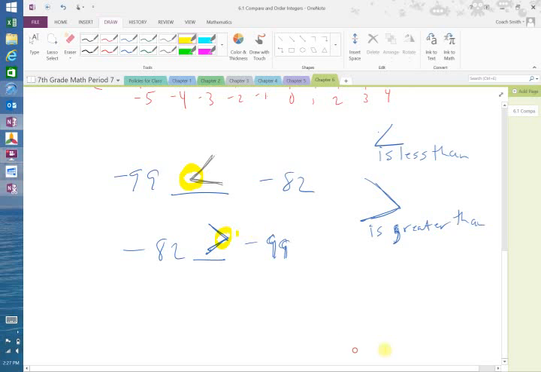Do you always point to the larger number? What did I just say twice? I just said that the point always points at the smallest number.